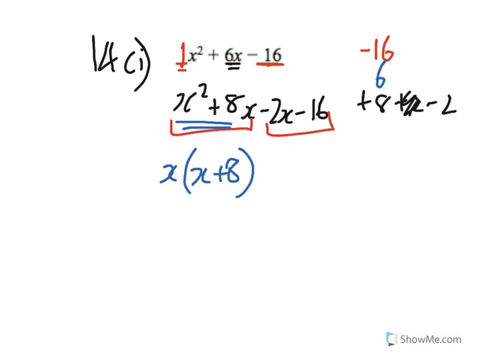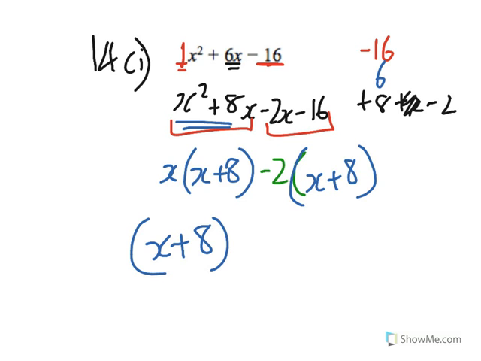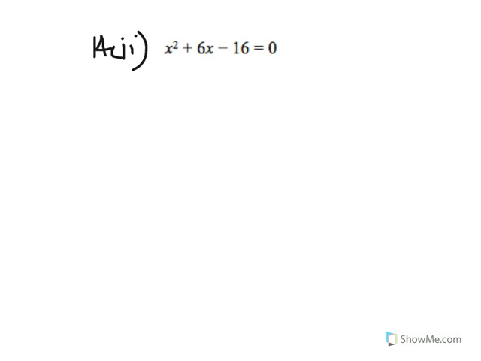And on this side it's minus 2, x plus 8. Now factorize x plus 8 from the whole expression, and you just get x minus 2, because x plus 8 cancels, and you get x plus 8, x minus 2. So yeah.